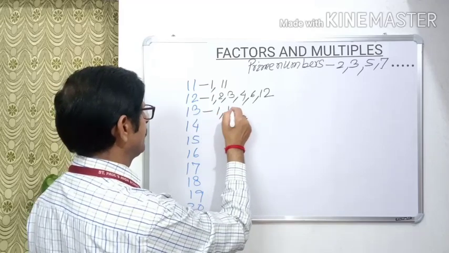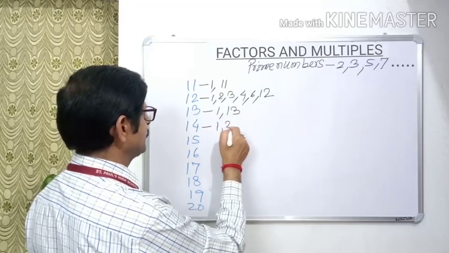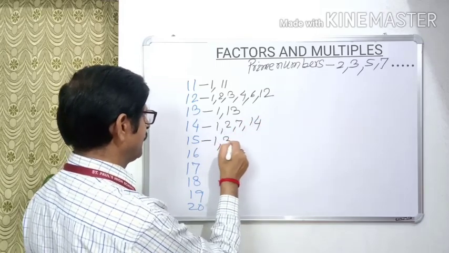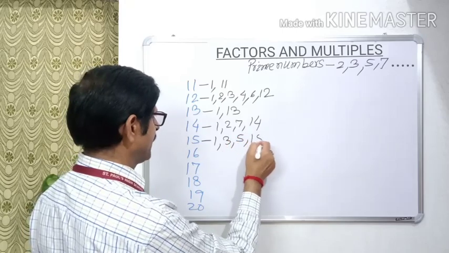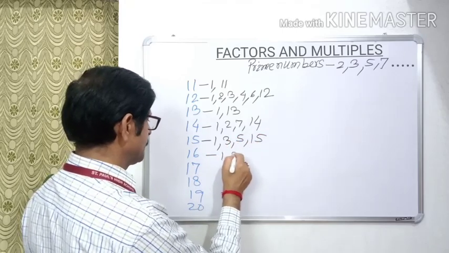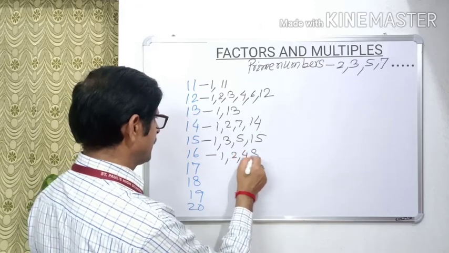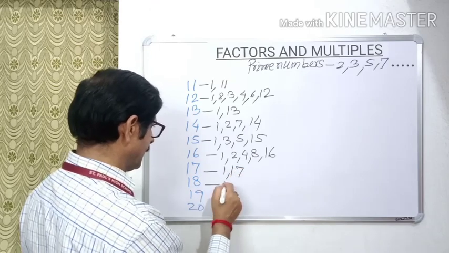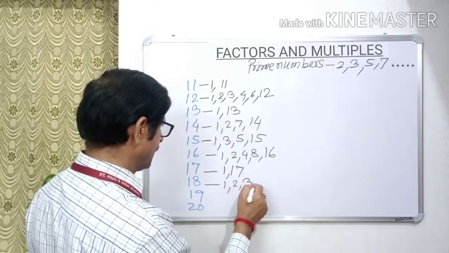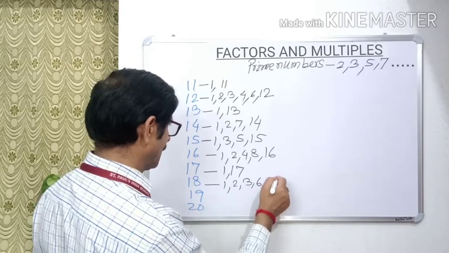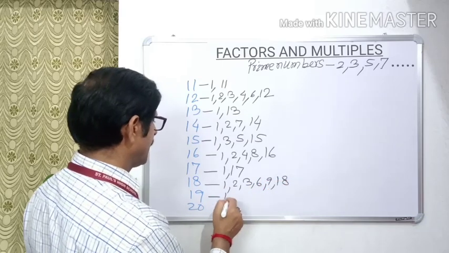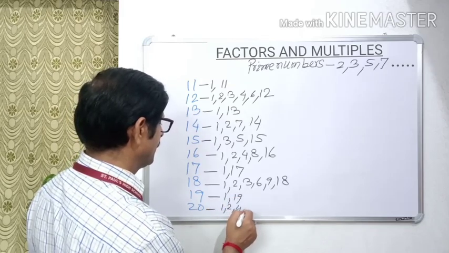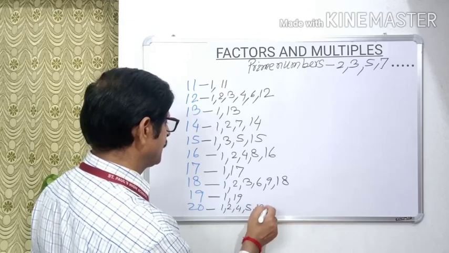13: 1, 13. 14: 1, 2, 7, 14. 15: 1, 3, 5 and 15. 16: 1, 2, 4, 8 and 16. 17: 1, 17. 18: 1, 2, 3, 6, 9, 18. 19: 1 and 19. 20: 1, 2, 4, 5, 10, 20.